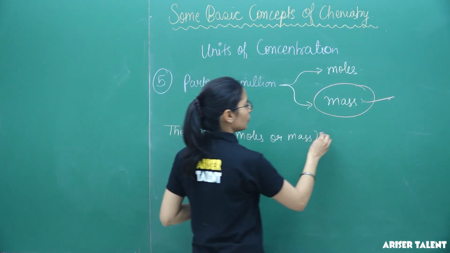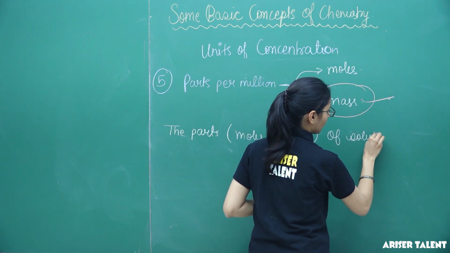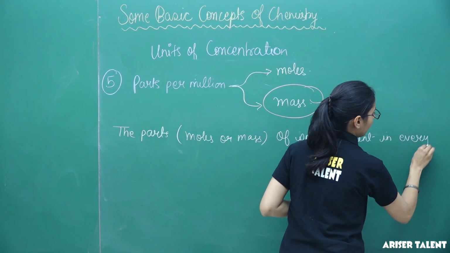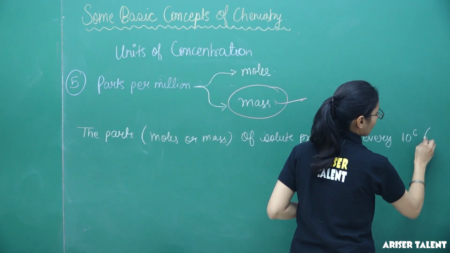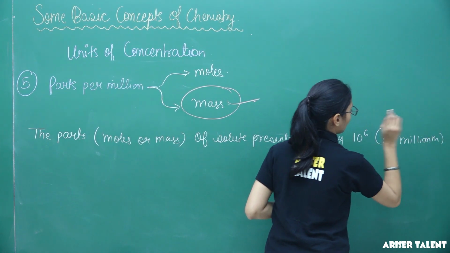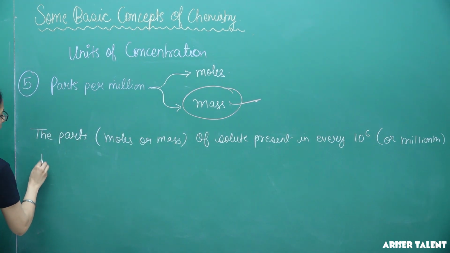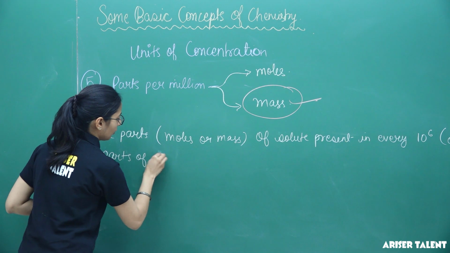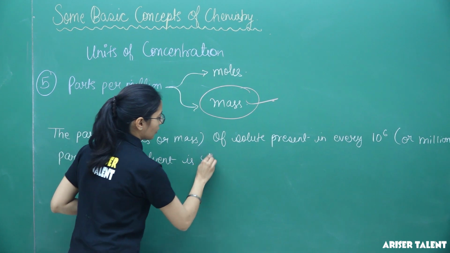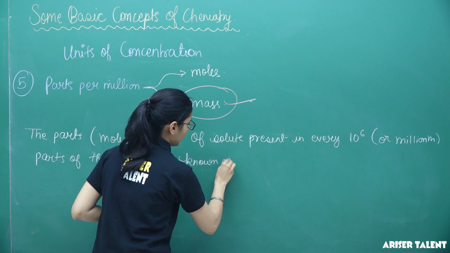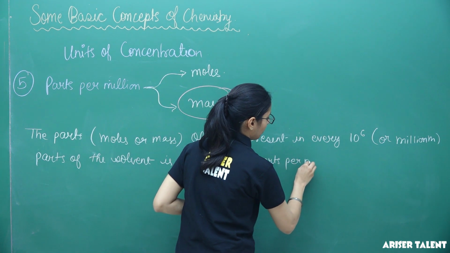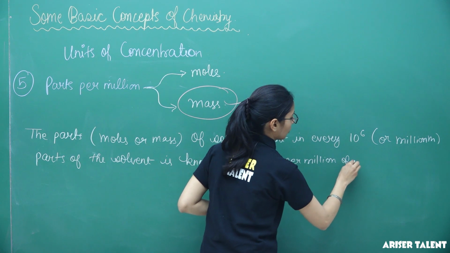The parts of solute present in every 10 to the power 6, or we can say millionth, parts of the solvent is known as the parts per million of solute.